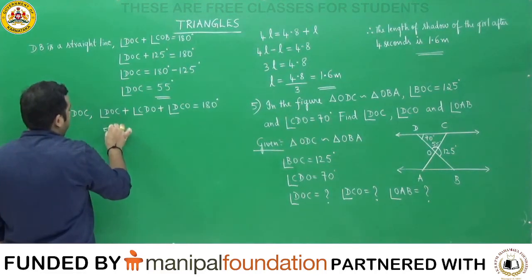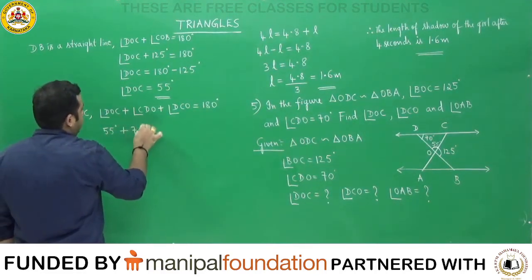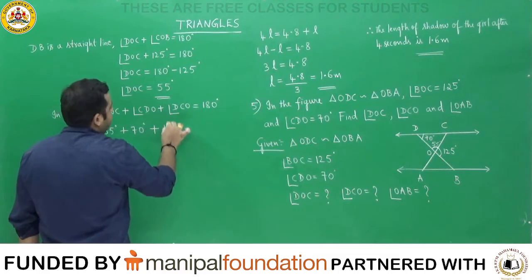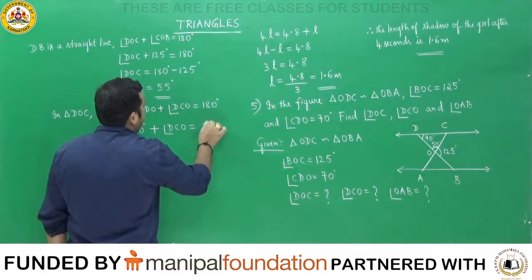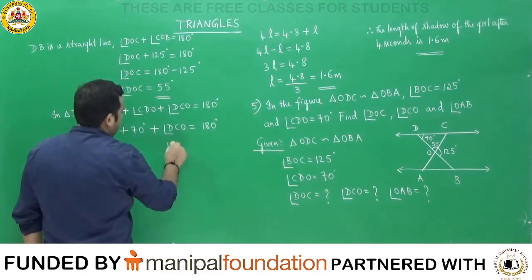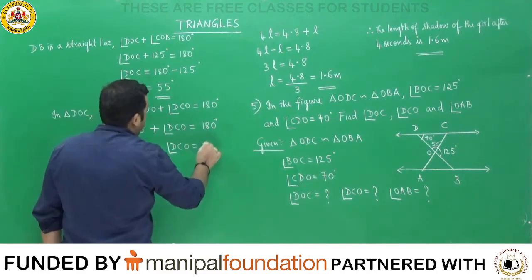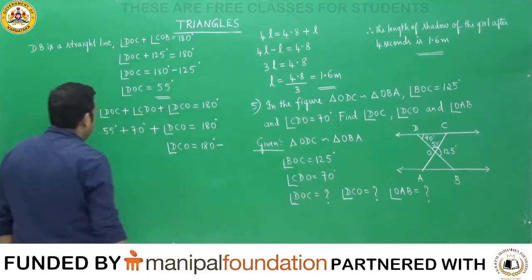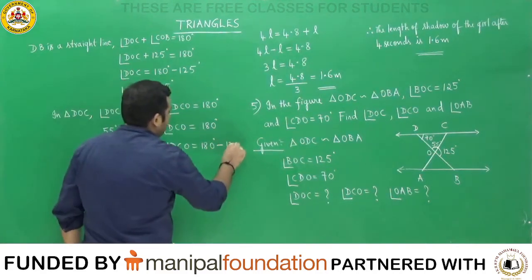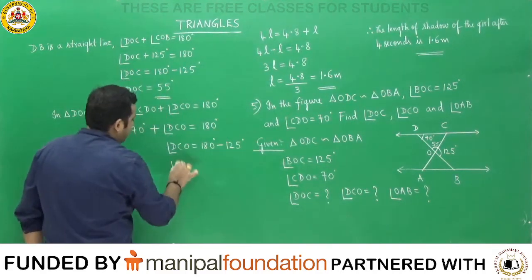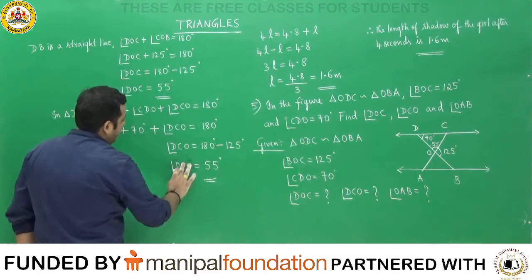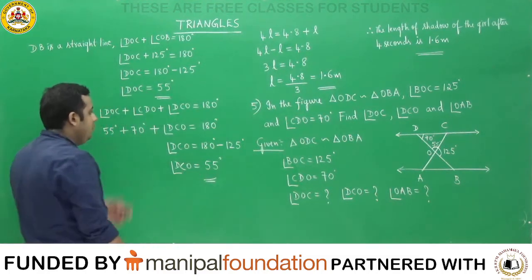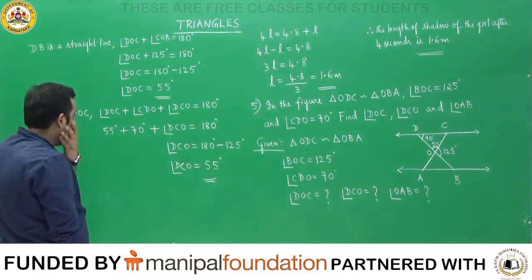DOC is 55 degree, CDO is 70 degree, plus angle DCO is equal to 180 degree. So your angle DCO is equal to 180 degree minus 125 degree. What is your answer for angle DCO? Your angle DCO is equal to 55 degree, correct or not?